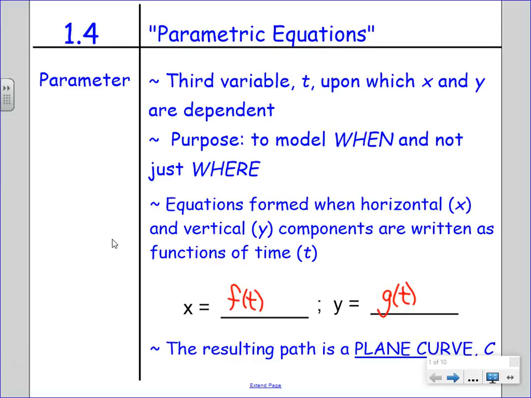Okay, they're not in rectangular, but why, specifically? What makes a parametric set of equations a function? They have a unique output for each input. But what's the input now? T. So at one time, you can only be one place.